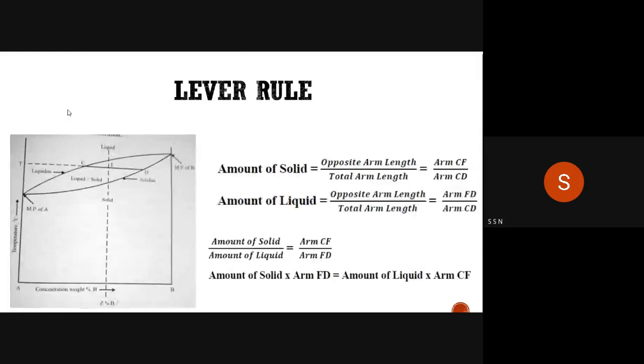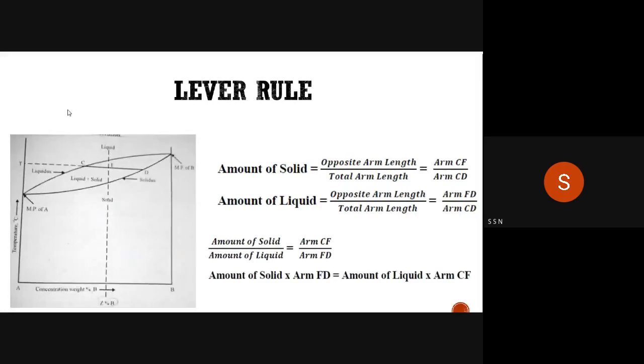So what the lever rule says: the amount of solid present at that F point will be equal to the opposite arm length. That means CF, because we are finding the amount of solid. Which line is of solid? The solidus line is for the solid, and below that complete solid will be there.